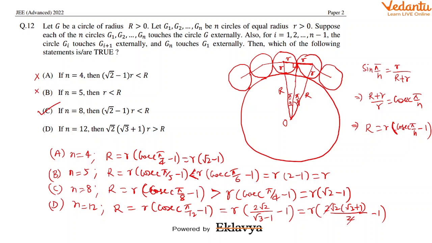We are getting root 2 times root 3 plus 1, and with minus 1 there, this is less than r times root 2 times root 3 plus 1. So capital R here is less than small r times root 2 times root 3 plus 1. That is given in option D, the same thing. So C and D must be the correct answer to this question. One by one we checked the options.